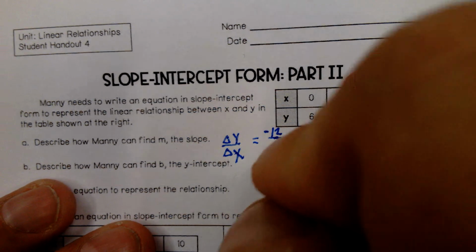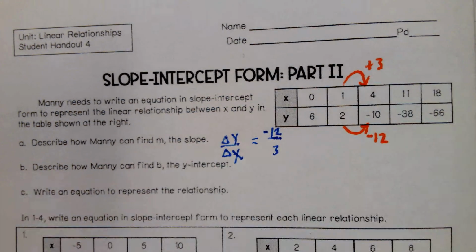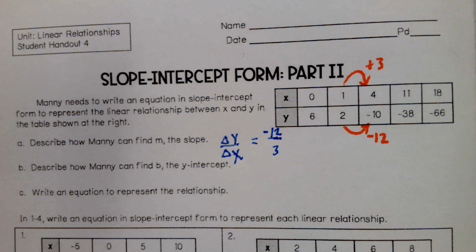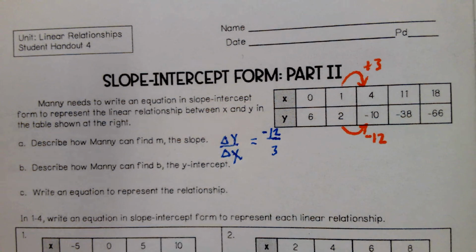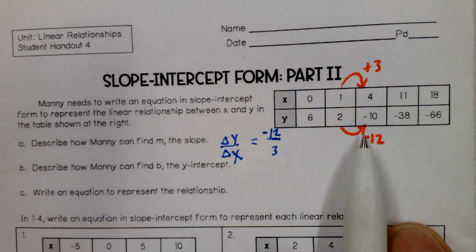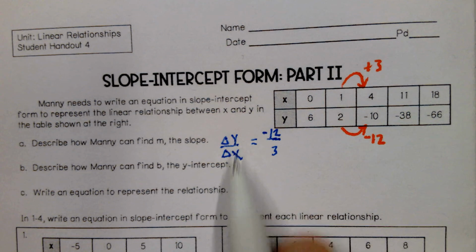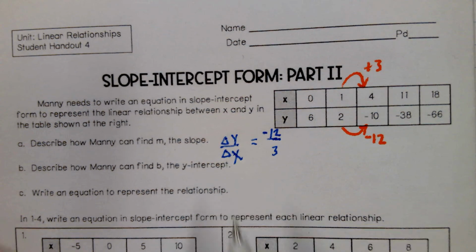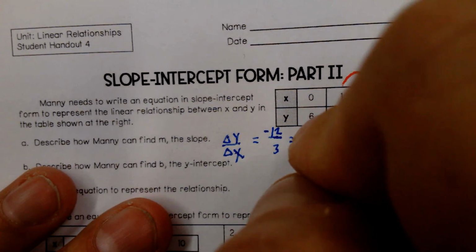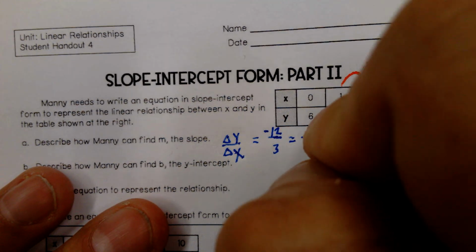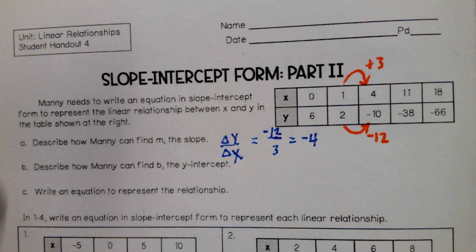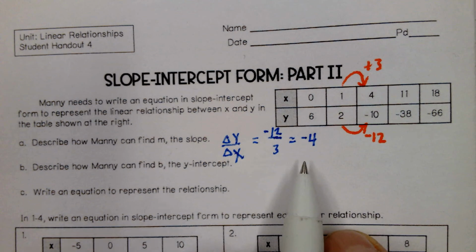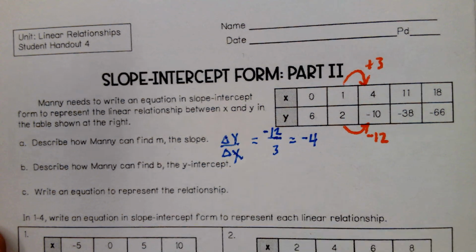The change in x was positive 3. Follow along. So we got to find any two pairs like this. Find the change. It's change in y over change in x. Reduce it. If we reduce this, we get negative 4. So that's the rate. It's the constant rate of change or slope is negative 4.